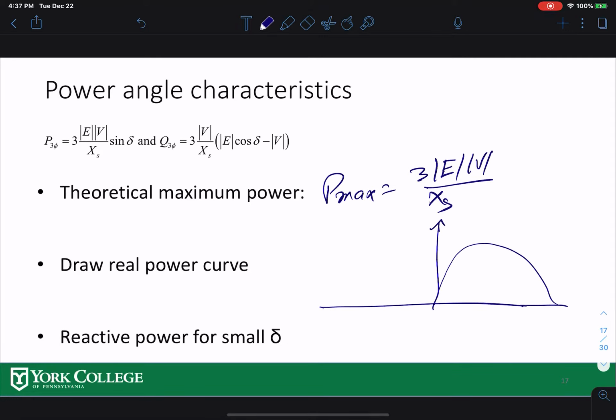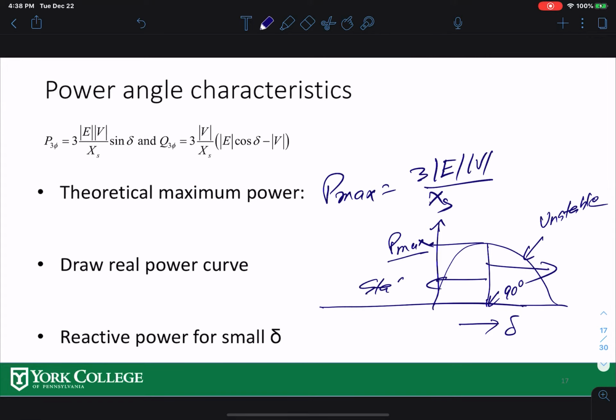So this is your power max, and this is the angle delta, and this is 90 degrees. What happens here is, once you supply more and more mechanical power to the shaft, it is accelerating and your delta is increasing and you're getting more and more power. But when it reaches 90 degrees, you supply more and more mechanical power, your delta keeps increasing, but your power decreases. So this is the unstable region, and this was stable over here.